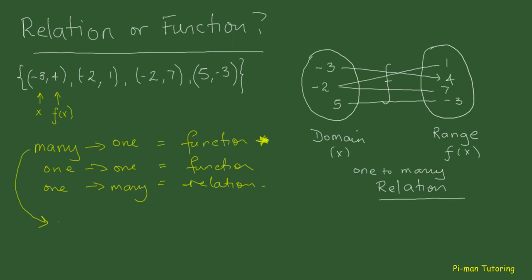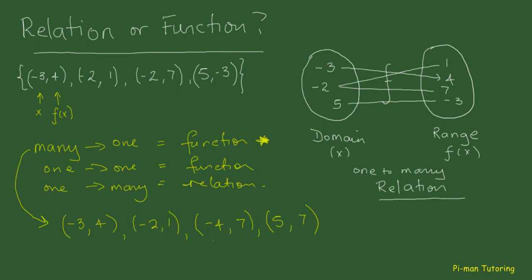Let's look at an example of that. So again, using the above set of values, let's suppose we have the -3, 4 still, and the -2, 1. Now let's suppose we have -4 producing a 7, and let's suppose we have a 5 producing a 7.